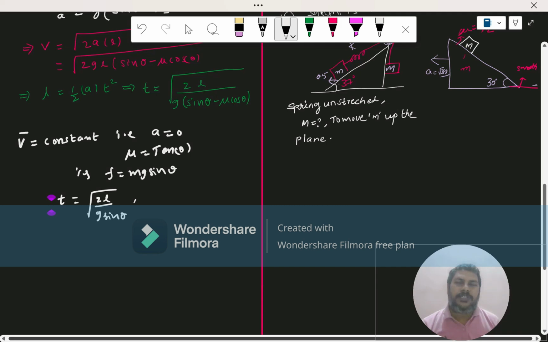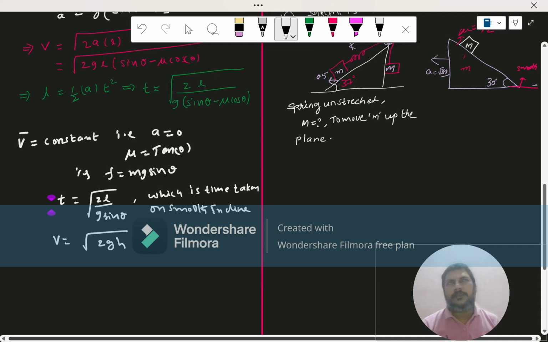So whereas mu, this is the formula, T is equal to root over 2L by g sin theta, which is the time taken on a smooth inclined surface. The velocity v is equal to root over 2gh, or equal to root 2gl.